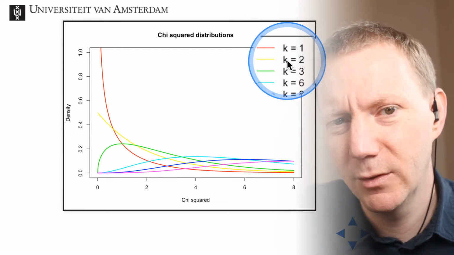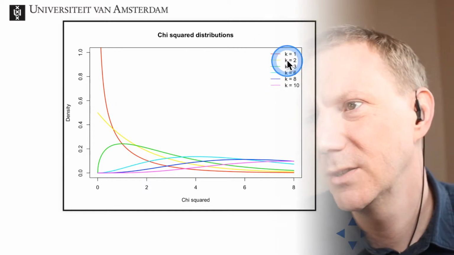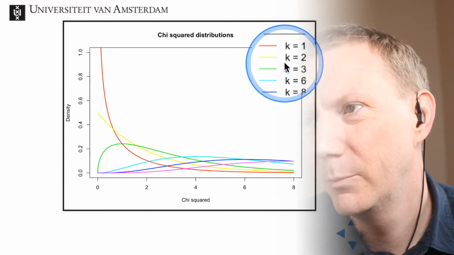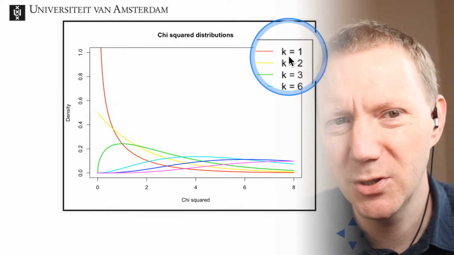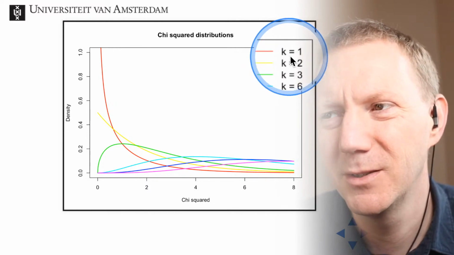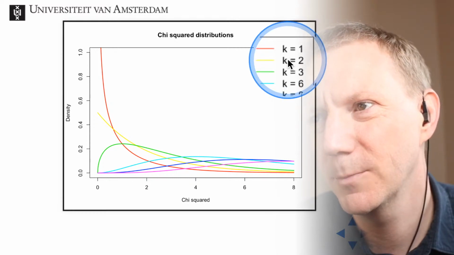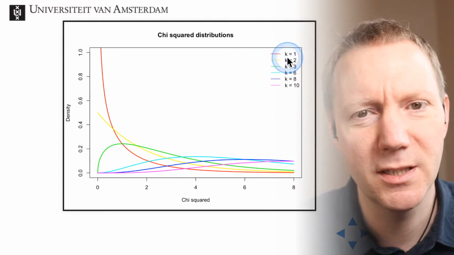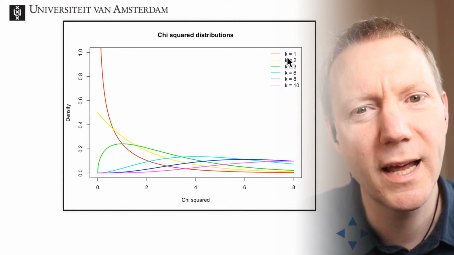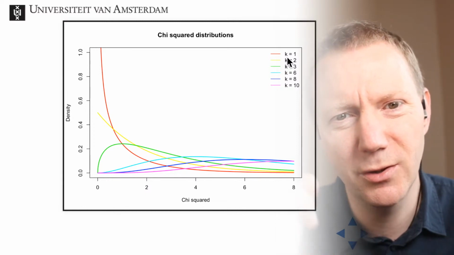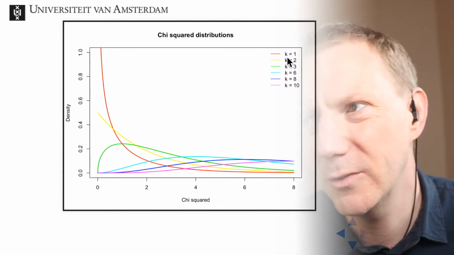Because you should have 2 by 2. But it is possible. You could just stick 2 degrees of freedom in your chi-square distribution. The reason is that it can also be used for different kinds of analysis. It's not just stuck to the 2 by 2 matrix.